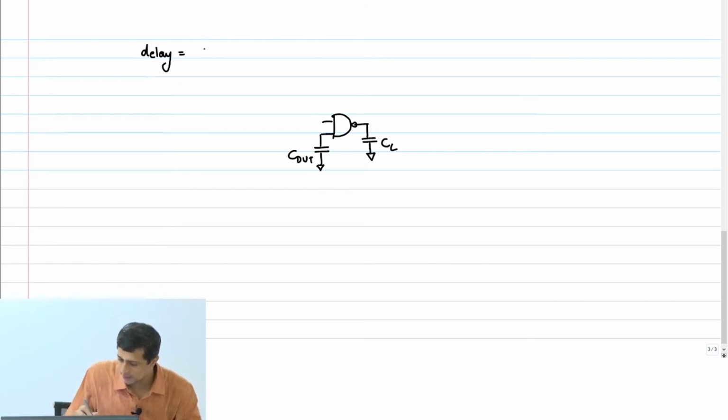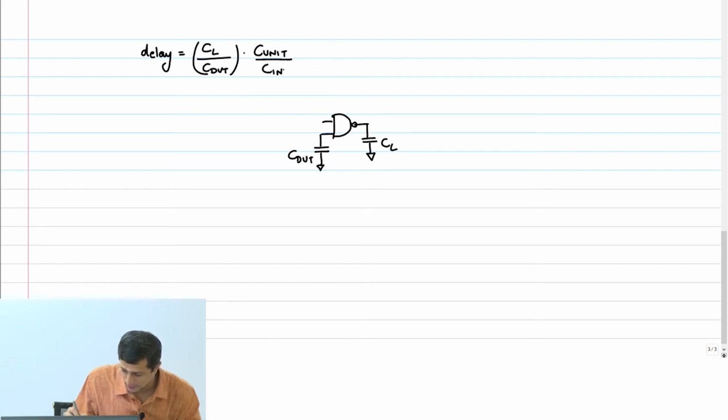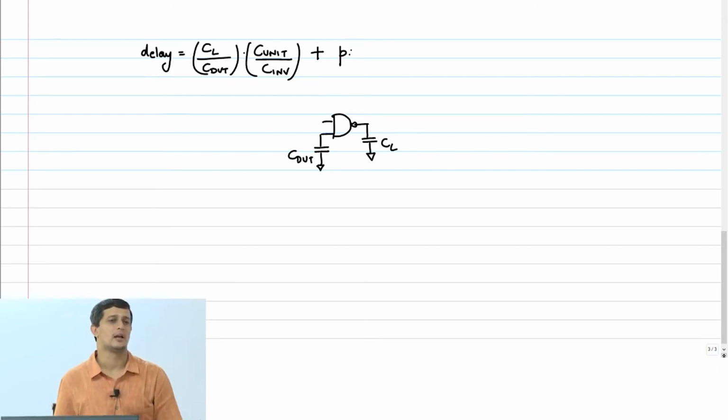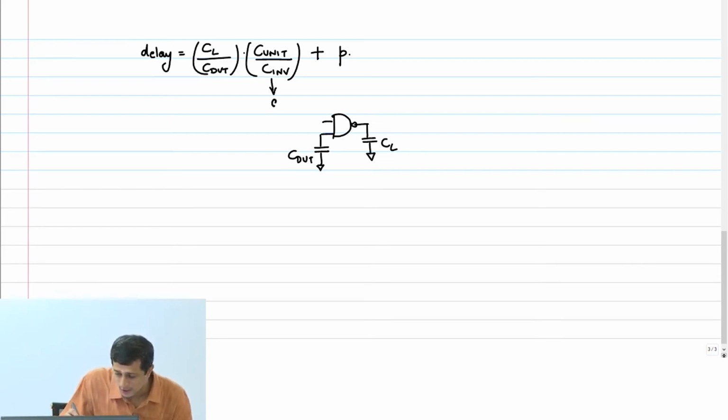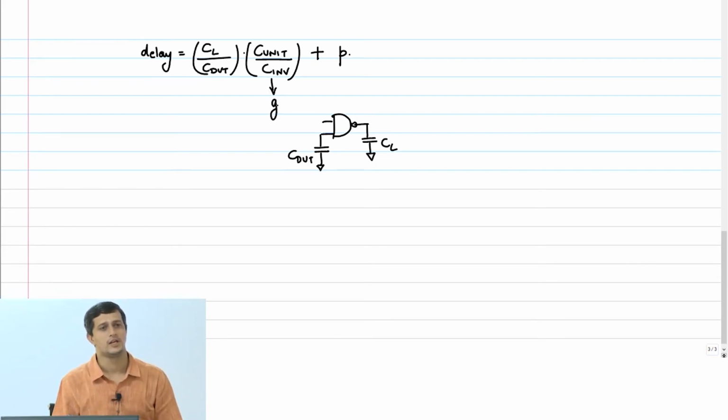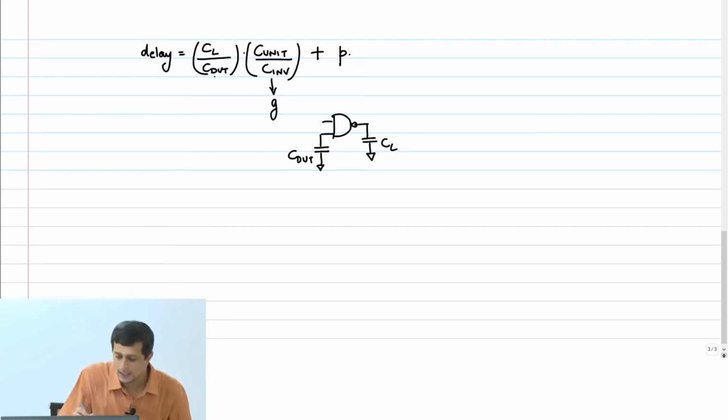So this we said we could write as CL by C DUT into C unit by C inverter, plus the parasitic delay P. We define this to be the logical effort G, and this, as I told you yesterday, is nothing but the electrical effort H, right?